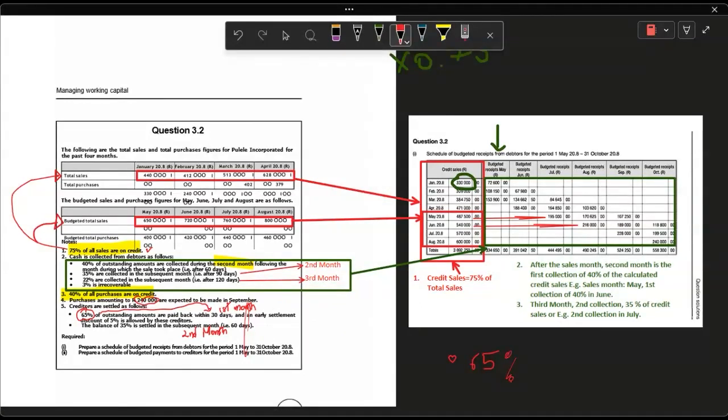So you must minus 5%. So you're going to multiply this 65% by 100% minus 5%, which gives you what? 95%. Exactly. 95% as a decimal is 0.95.